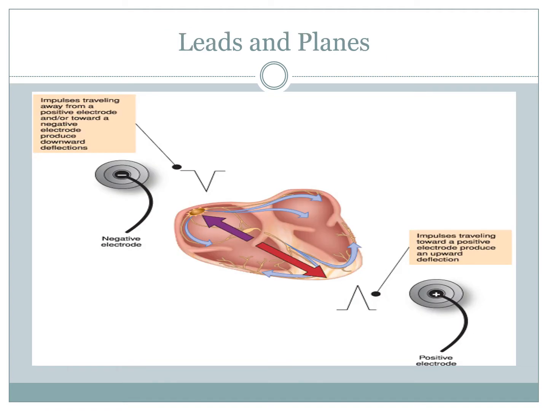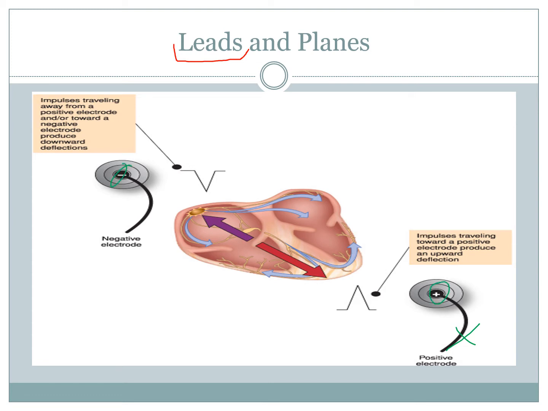So taking those into account, we'll have a look at the ECG specifically, and we'll look at the terms leads versus planes. Now the word lead can be very confusing when we're dealing with ECGs, because sometimes it means the physical wire that's attached to the patient. But correctly, a lead or a lead system is an electrical picture of a heart's surface. A lead has a positive and a negative component.